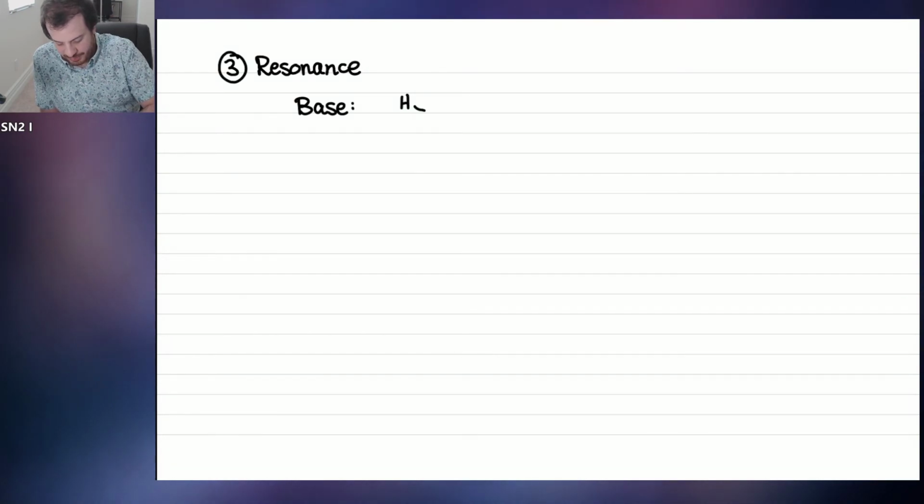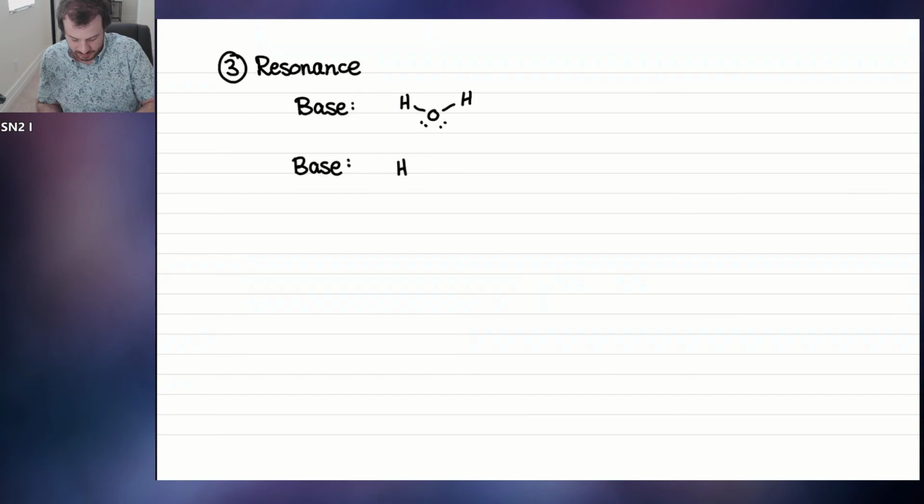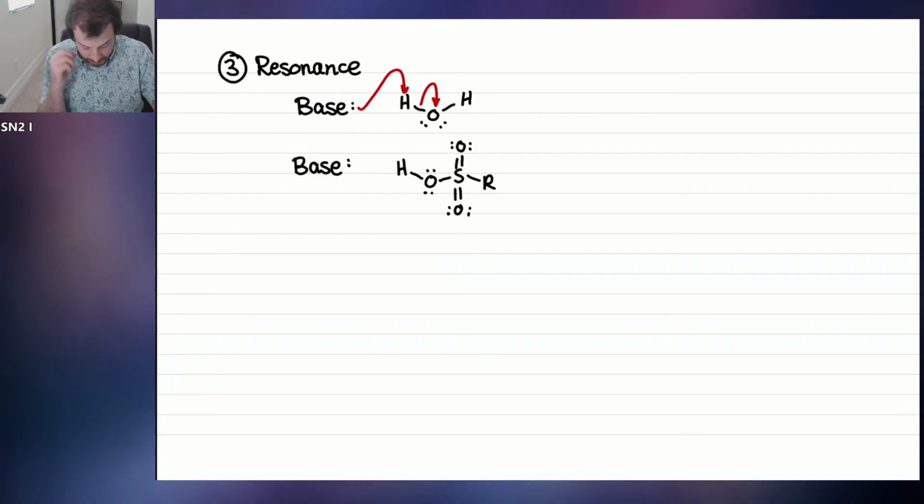So consider a base reacting with water versus a base reacting with sulfuric acid or a sulfonic acid. In the first case, the base grabs the H, kicks out the leaving group. Second case, the base grabs the H, kicks out the leaving group.